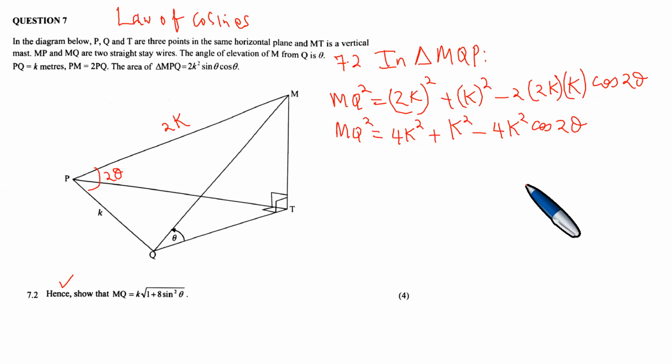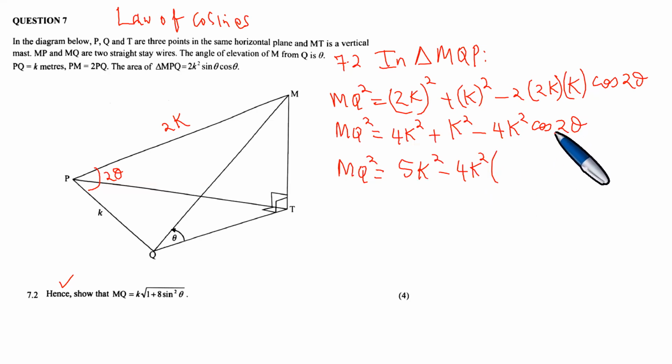Good. From which we are now in a position to add the like terms together. We agree that if you add 4k squared and the k squared, they give us 5k squared minus 4k squared.